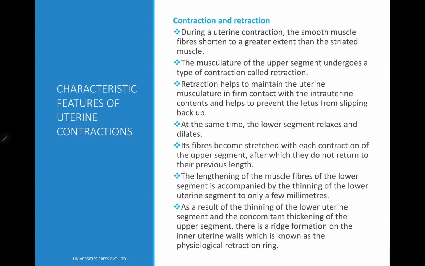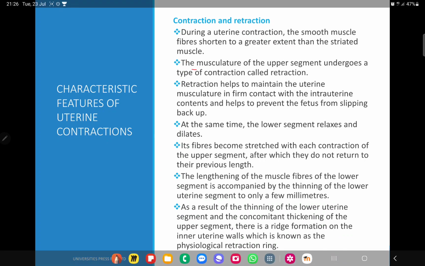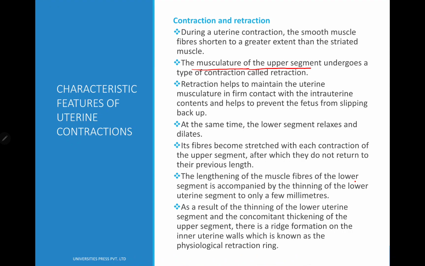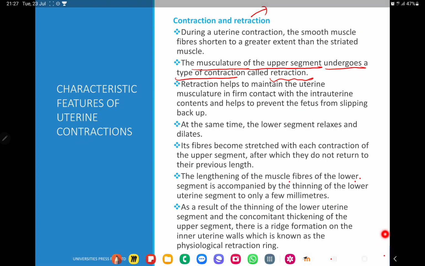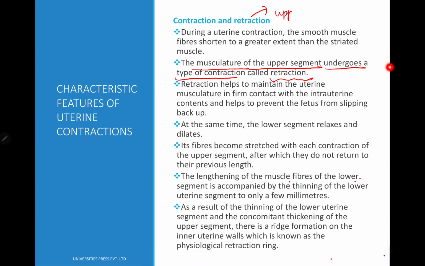What occurs during uterine contraction? The smooth muscle fibers shorten to a greater extent than striated muscle. The musculature of the upper segment undergoes a type of contraction called retraction.